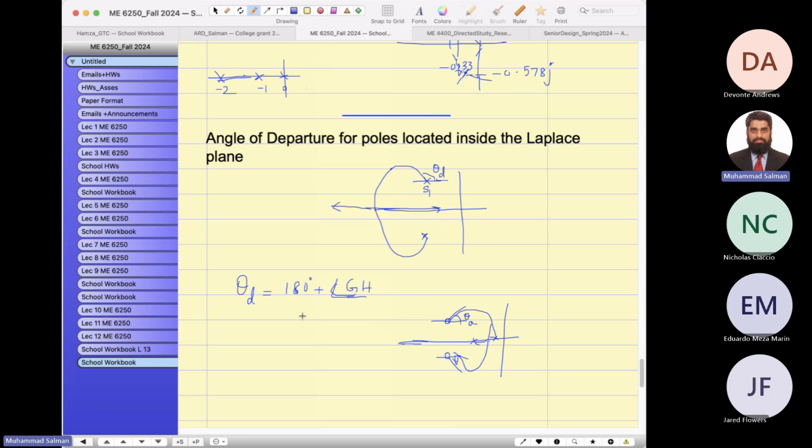It's a little bit difficult figure, but you can draw it in MATLAB. In MATLAB, there is a command rlocus. Probably I can show you my MATLAB.